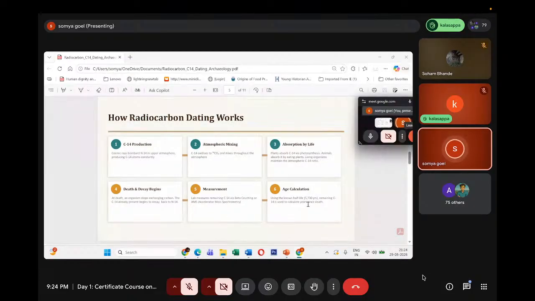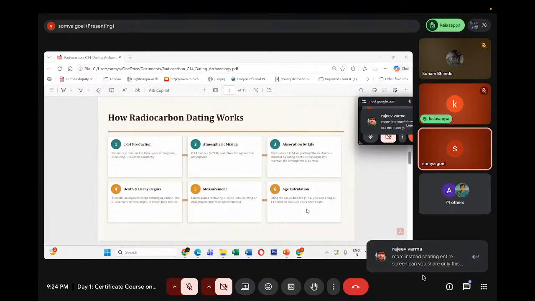The result that we get by using the half life, 5,730 years, does not come in calendar years. It comes in a range of before present, so the term BP will be used for this. This does not mean from 2026. It means from 1950.